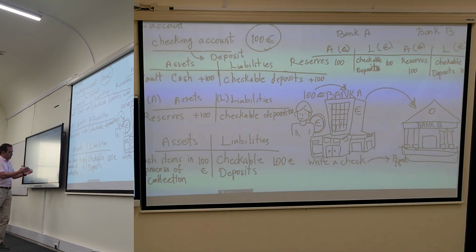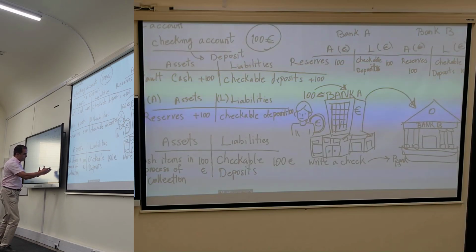So whatever is in bank A would be a reserve on the asset side of bank B, and bank A loses what? The reserves, like burning the fuel, okay? So the fuel that was here was transferred here.